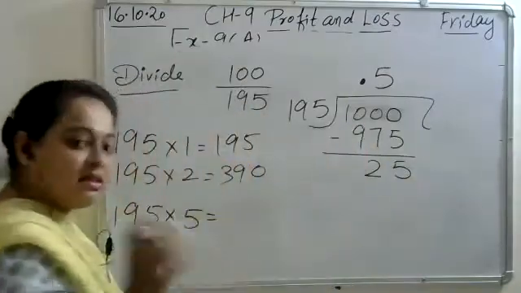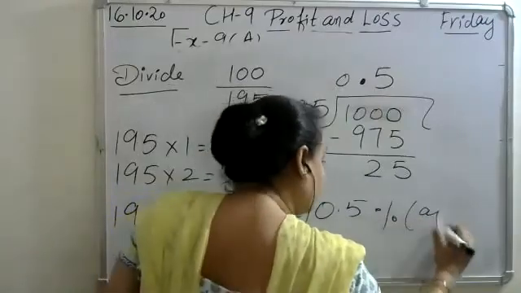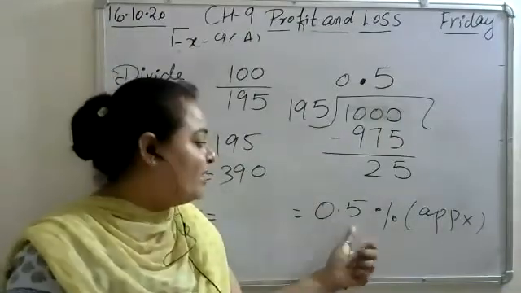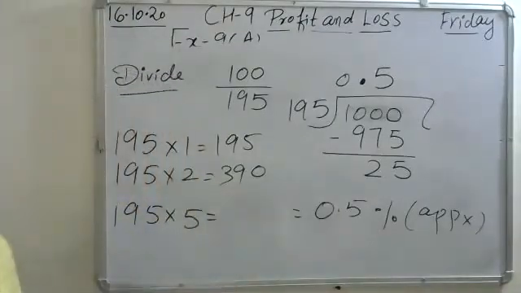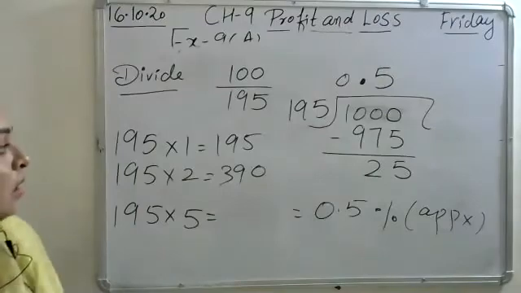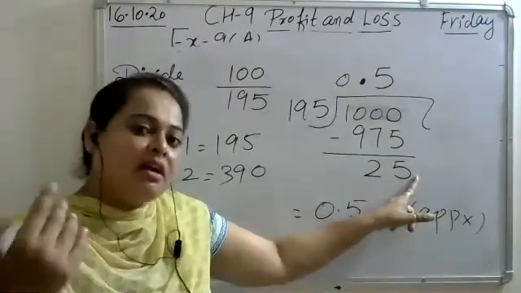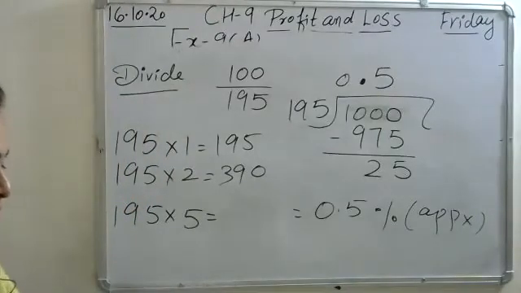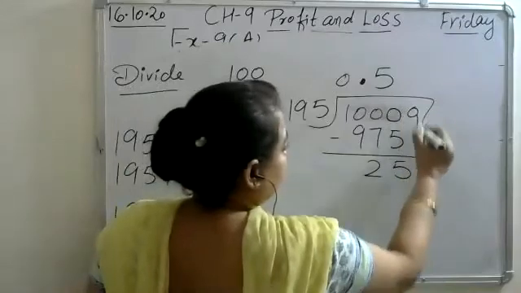और बेटा अगर आप इतना भी लिख दोगे ना 0.5% अप्रोक्सीमेट, तो ये भी करेक्ट है. एग्जाम में अगर आप इतना भी लिख दोगे, this is also correct. It is better to continue one more step, बट अगर नहीं तो इतना भी लिखोगे तो ये भी करेक्ट है आपका. अगर कंटिन्यू करना है तो this is 0.